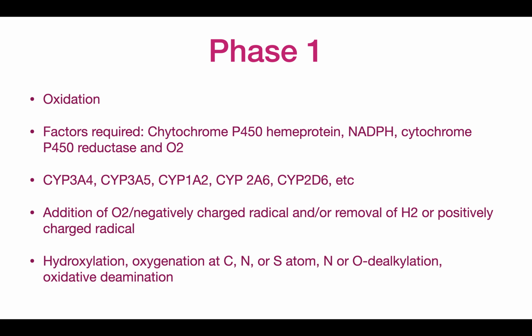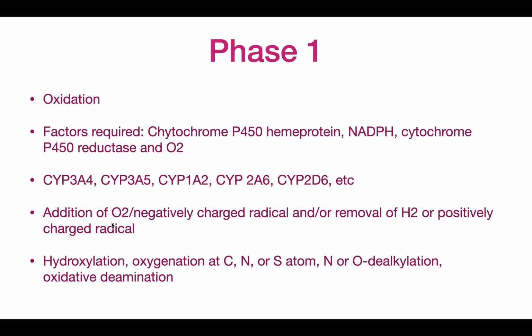So, phase 1 is oxidation, and it requires cytochrome P450 and NADPH and the cytochrome reductase along with oxygen, of course, because it's being oxidized. The most important versions of P450 are CYP3A4 and CYP3A5.